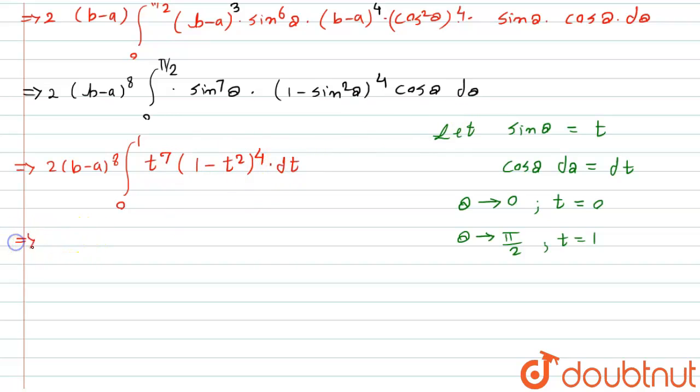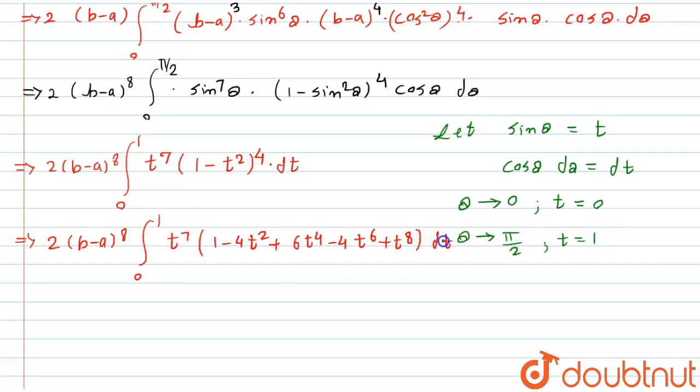Now if you open this bracket (1 minus t square) raised to 4 by using the formula, this becomes integration 0 to 1 of t raised to 7, with the bracket opened like 1 minus 4 t raised to 2 plus 6 t raised to 4 minus 4 t raised to 6 plus t raised to 8, into dt.